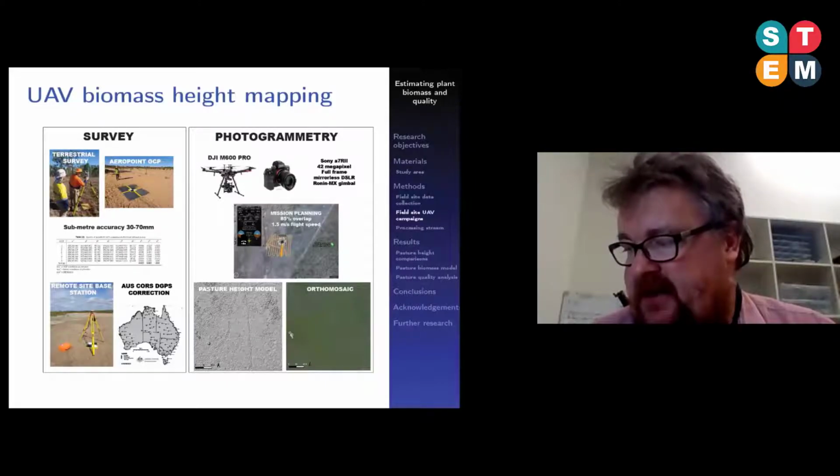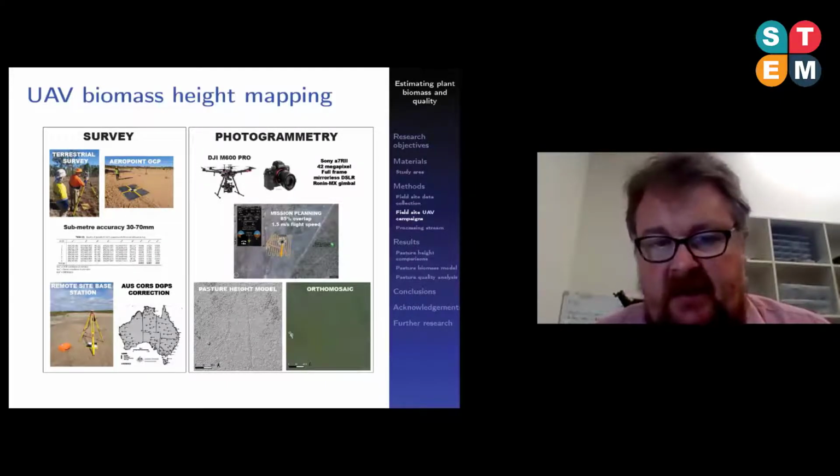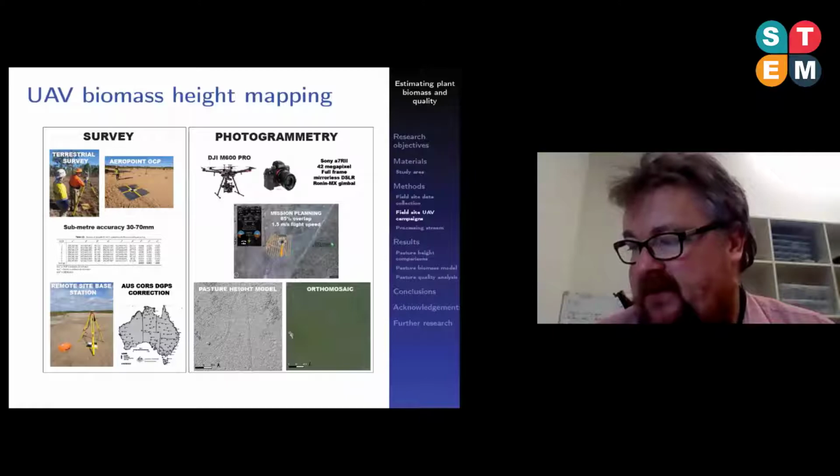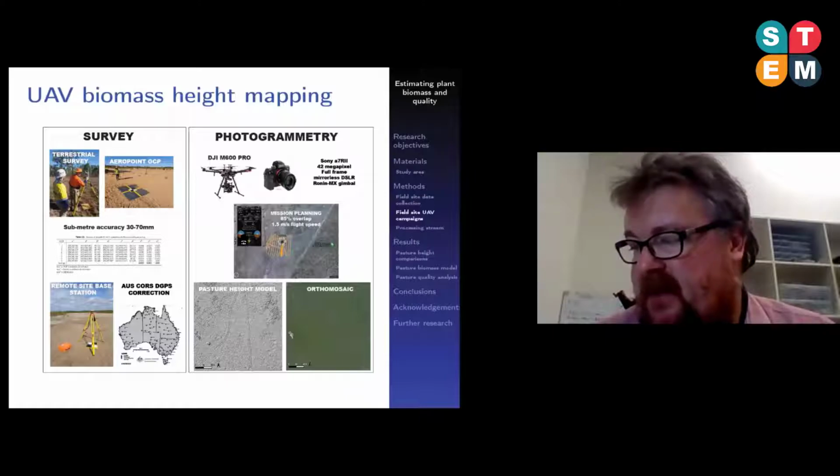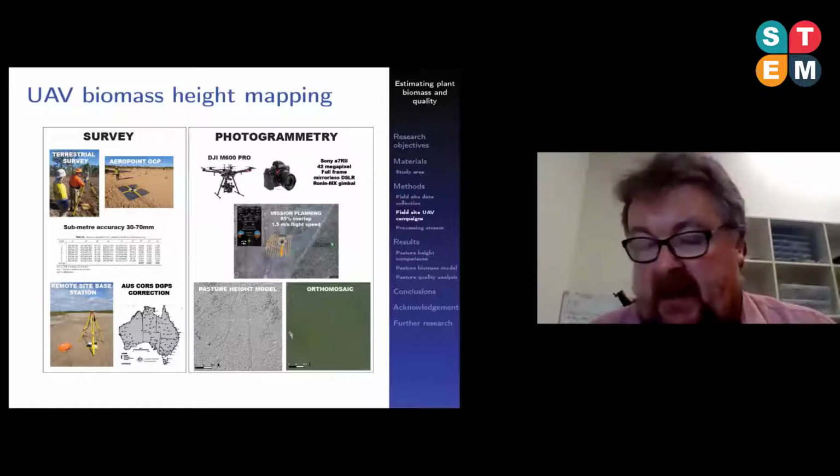A benchmark terrestrial survey was carried out to determine the sub-metre accuracy of this system. A high-grade digital SLR camera was used to capture a dense coverage of red, green, blue imagery, used to produce both an orthomosaic of the canopy and a height model of the pasture.